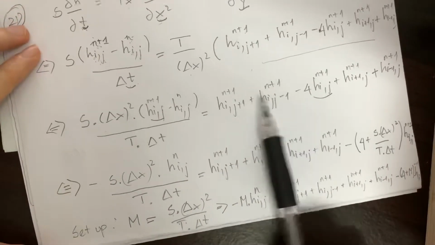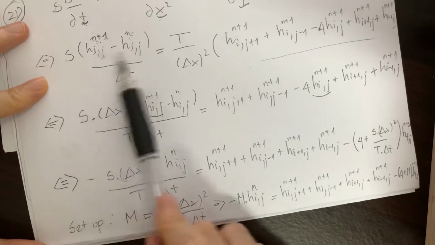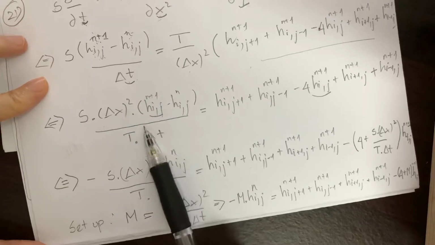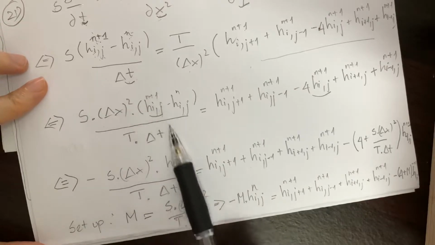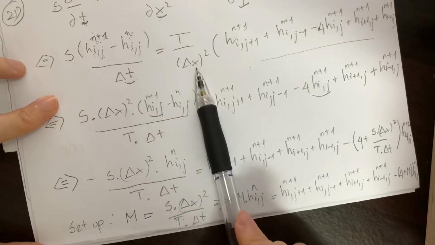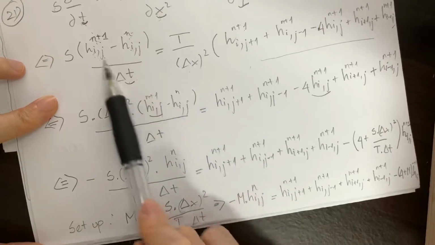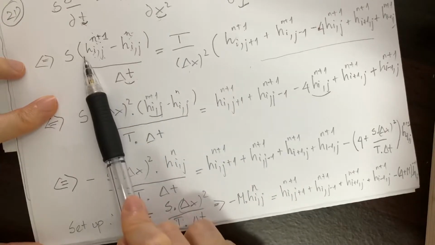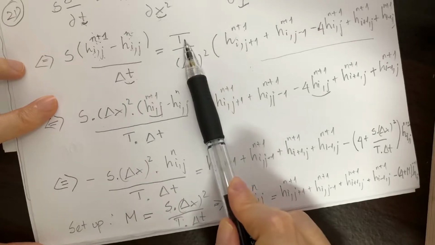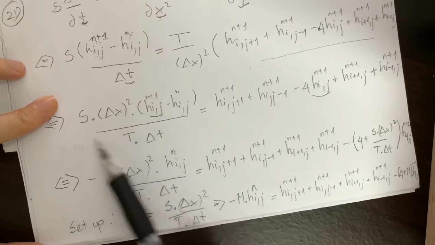Yeah, and here you just rearrange the equations and you have this kind of form. Put the delta s squared here, transfer the T from here to here, and you have this form.